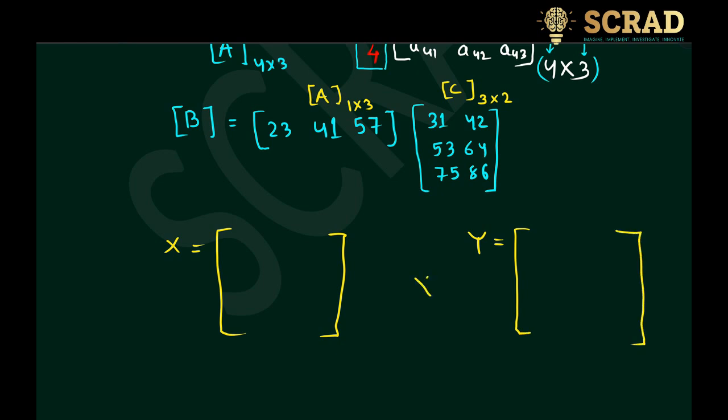We just want to multiply both matrices. You can use this notation or this dot notation. Suppose I have 9 elements here.